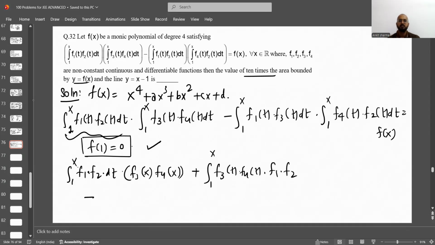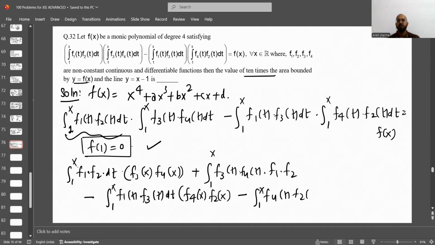Then minus, if I differentiate this, this remains as u, so again I have the integral from 1 to x of f1(t) f3(t) dt, and the derivative of the other turns out to be f4(x) f2(x). Then again minus, the integral from 1 to x of f4(t) f2(t) stays here, and meanwhile this one gets differentiated, so this will be f1(x) f3(x), equal to f dash of x.